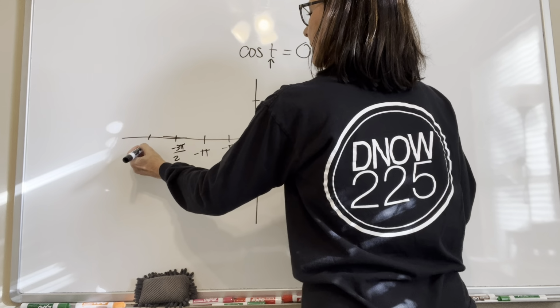All right, from negative 3 pi over 2 to pi over 2 is really a whole 2 pi, because 3/2 of a pi plus a pi is 2 pi. So from pi over 2, I can add or subtract any number times 2 pi, and the cosine of t will always be 0. All right, so t is pi over 2 plus or minus 2k pi.